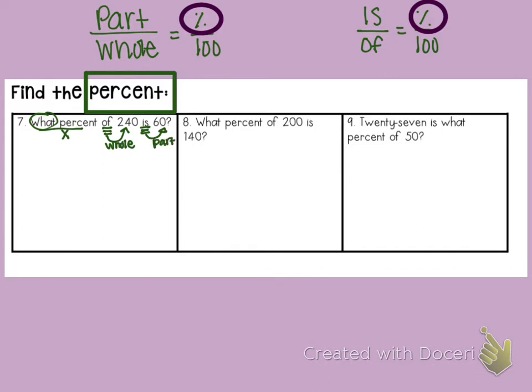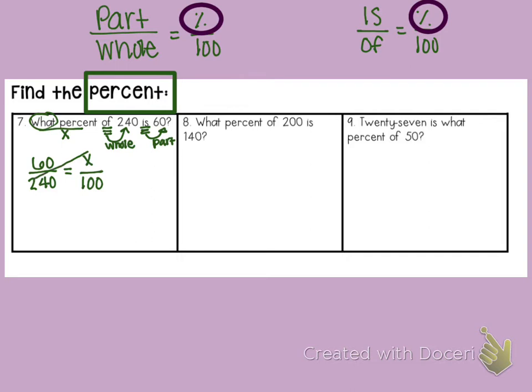Okay, so is 60, that means 60 goes on top, of 240, which means that goes on bottom. So we're talking about is over of. Okay, and then we have our percent over 100, which we don't have to write percent because that is our x value. We can write x over 100.